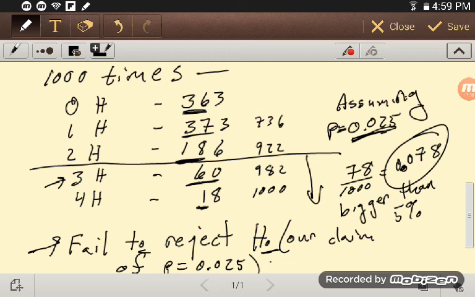But we do fail to reject the null hypothesis, and so for right now, we'll keep assuming that we're at 2.5% defects. But we probably wouldn't be very easy about that. Okay, so that is our second example.